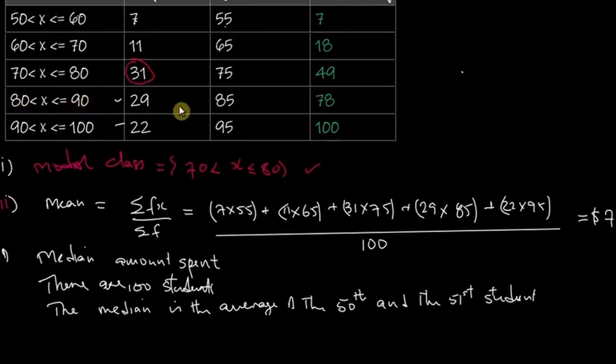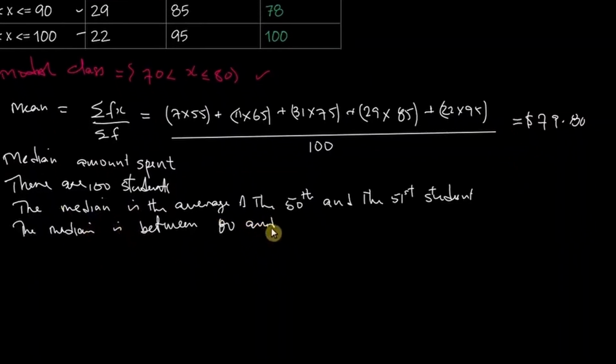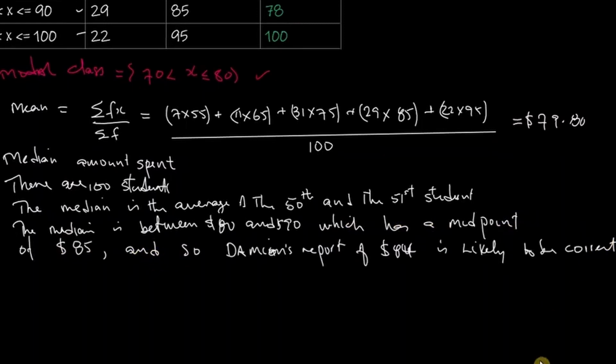The midpoint is 85, and therefore if Damien concludes that the median is $84, then he is likely to be correct. So we can write the median is between $80 and $90, which has a midpoint of $85, and so an $84 finding is likely to be the correct value.